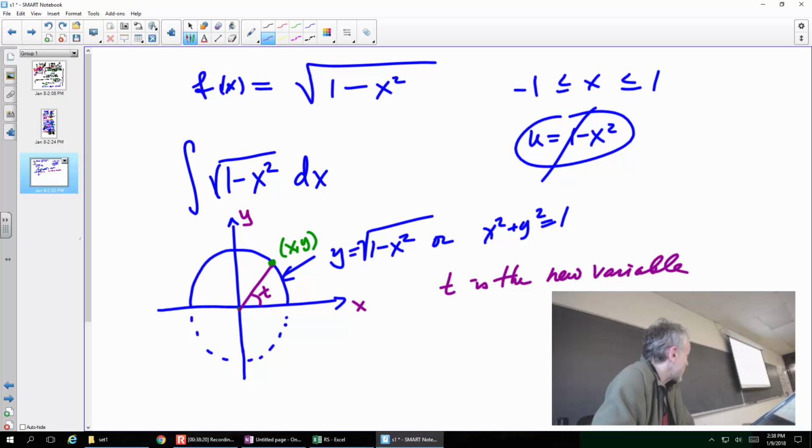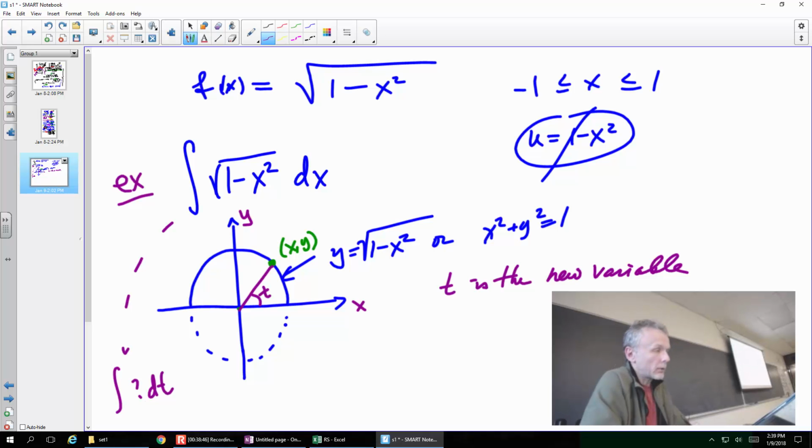It is hard to believe that such an awkward idea would work out, but it just does. We are using the fact that it is a circle, and there will be some trigonometry, even though the original integral has none of it. But since it's a circle, we should be surprised if there isn't some. So, what is the substitution? I want to convert my integral to an integral with respect to t.